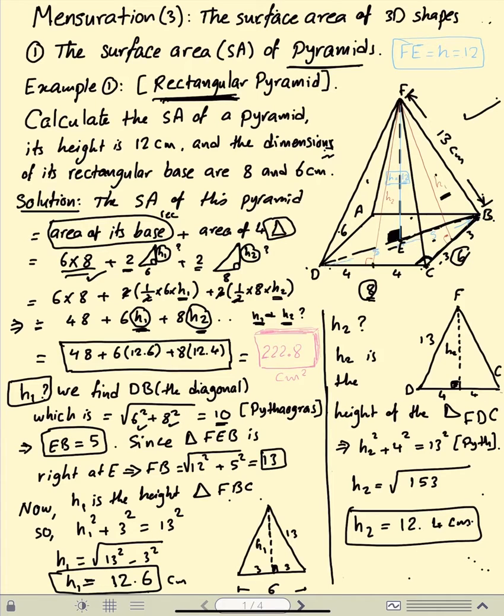This is the height of the pyramid. It bisects the diagonal of the rectangle, so this is 10, so this is 5, and this is 5. Again now, the triangle FEB, as I wrote to you here, is right angled at E.